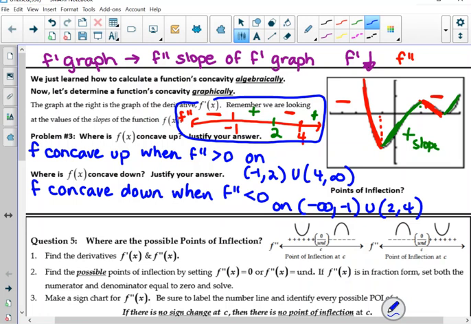And then I literally have 3 locations for points of inflection. Points of inflection for F are at x equals -1, x equals 2, and x equals 4.